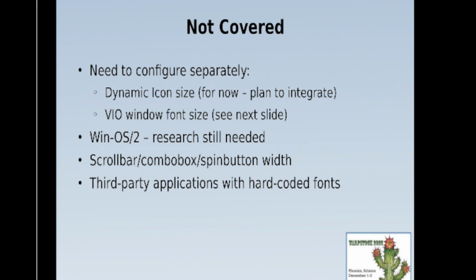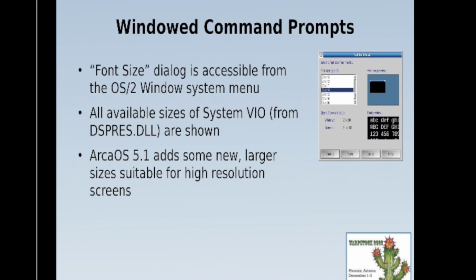I'm not super familiar with how Alessandro adds stuff to the window hooks here. I did try something and managed to render my desktop unbootable, so I didn't explore it too deeply yet, but in theory there might be something we can do about that. Also, as we've touched on already, third-party applications that have hard-coded fonts. I'll have a little more to say about that in a bit.